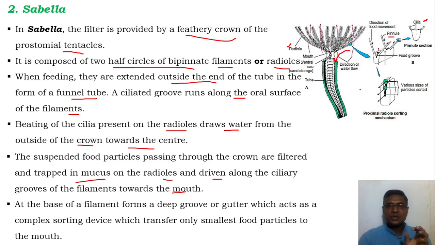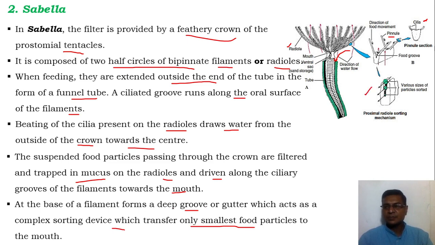Sabella only selects the small food particles, while other food particles which are large in size, it easily discards. At the base of the filament is a deep groove or gutter, which acts as a complex sorting device which transfers only the smallest food particles to the mouth.